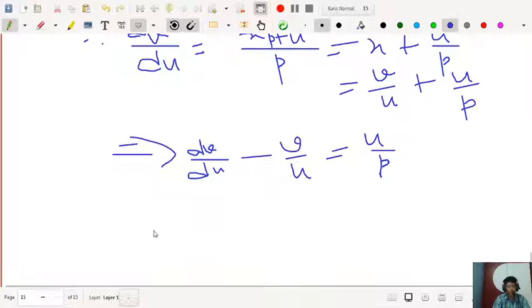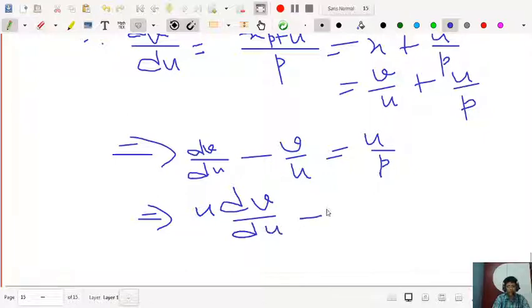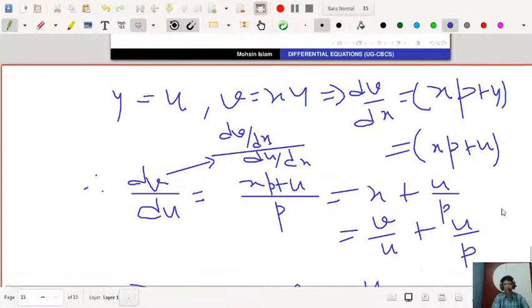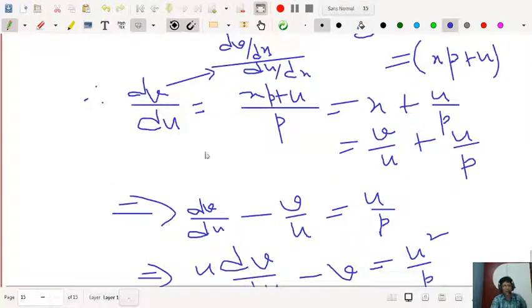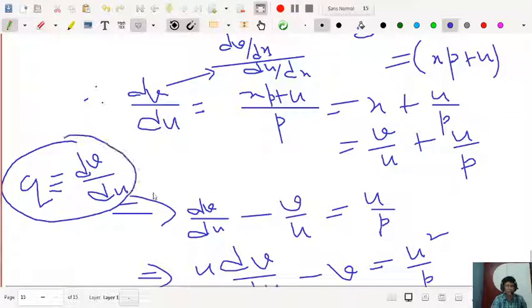So u dv/du, this is the transformation actually, minus v equal to u square by p. So this is the manipulation here. You can write dv/du equal to q also. q is equivalent to dv/du. You can write that, and you can change your q into p. You can write this also.